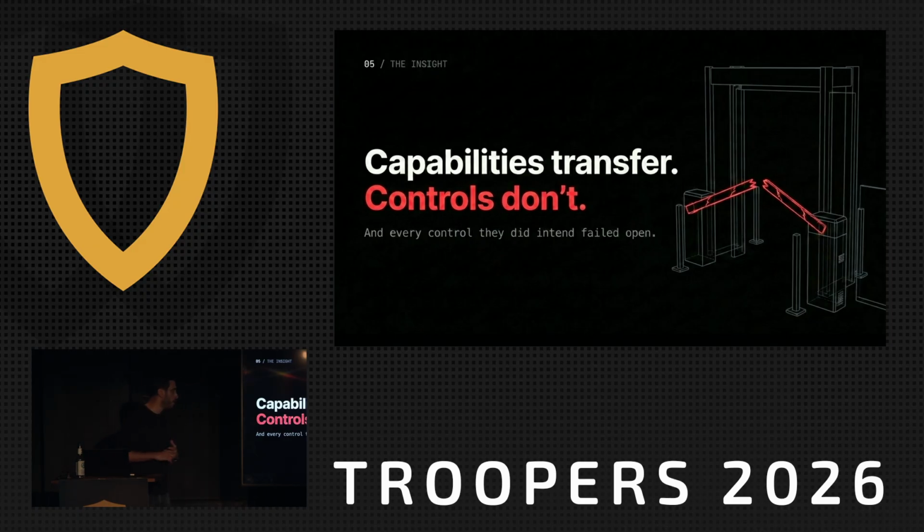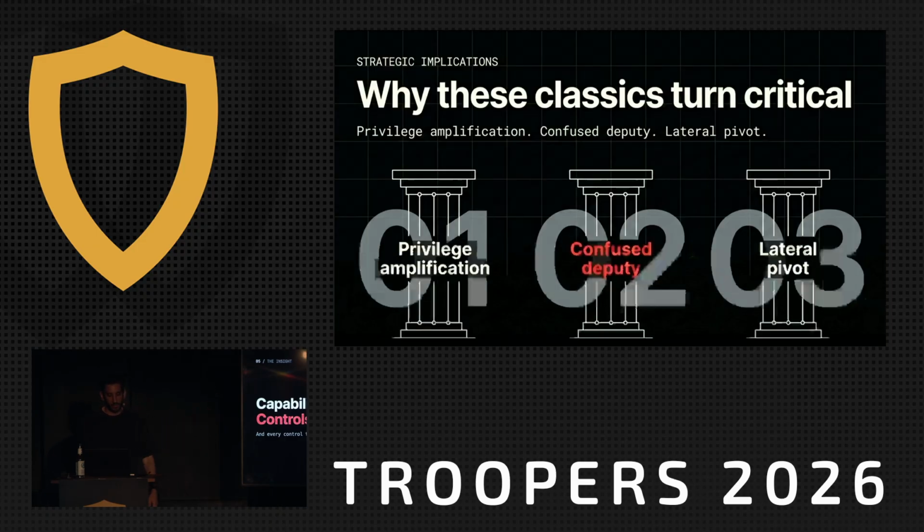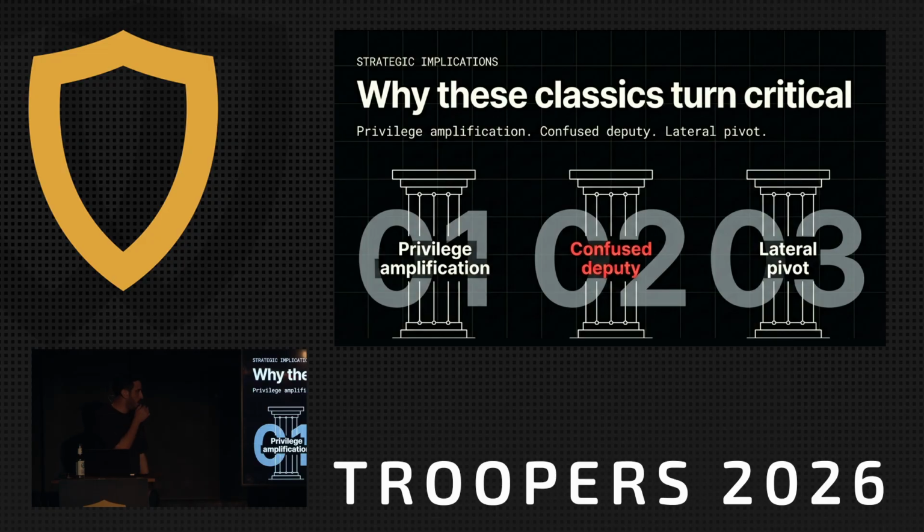And this is, again, a pattern that we see a lot. And even if you have controls, a lot of the times they're not good enough, or they fail open, like the instance that we saw earlier.